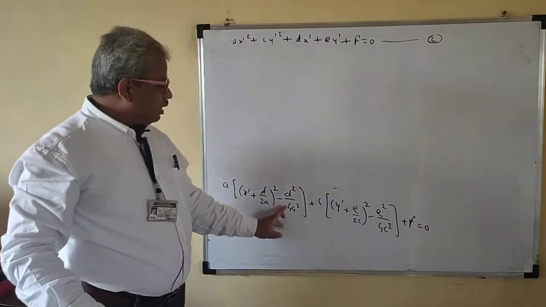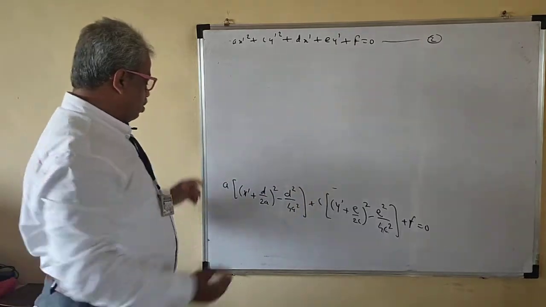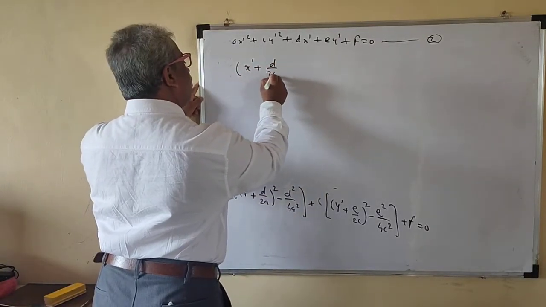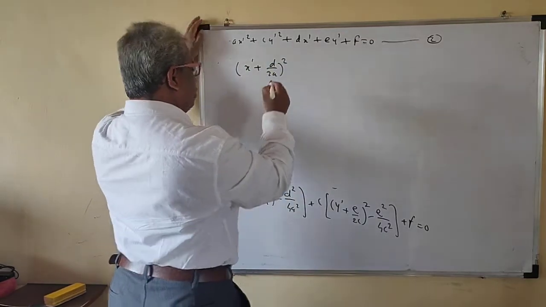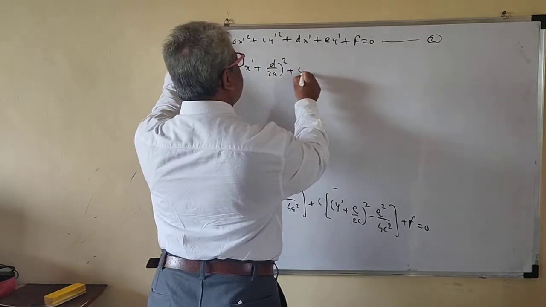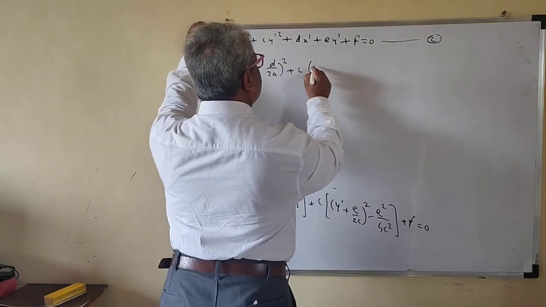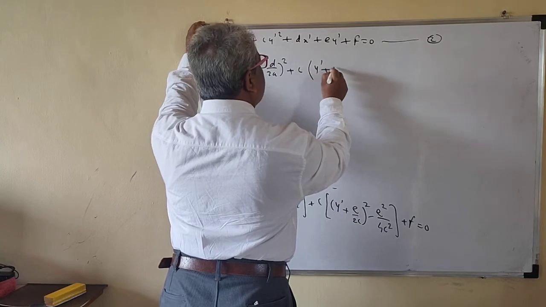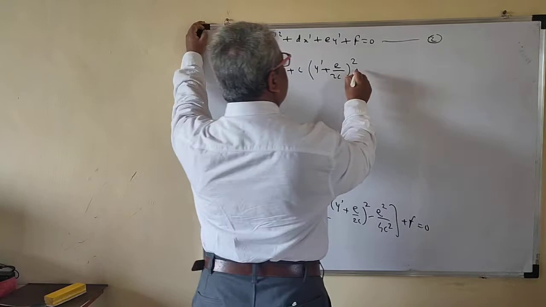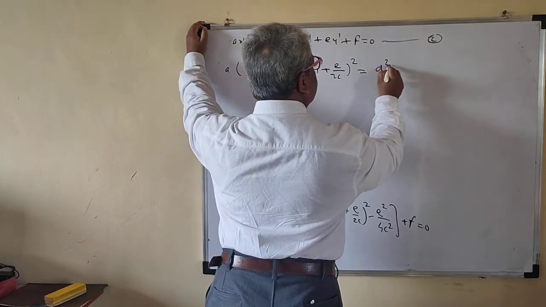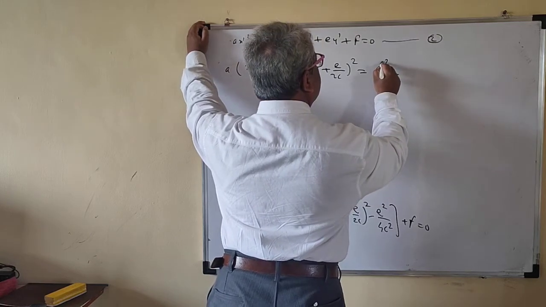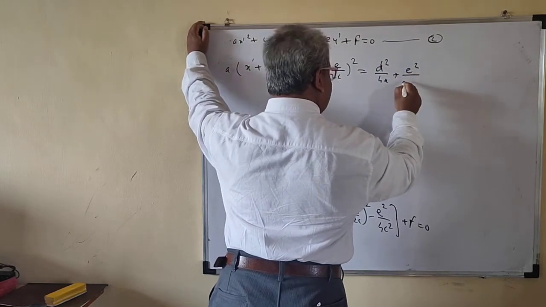Now I will multiply this and shift that minus side to the other side. What we get then: x prime plus d upon twice a bracket square, plus c into y prime plus e upon twice c bracket square, is equal to d square upon 4a plus e square upon 4c.